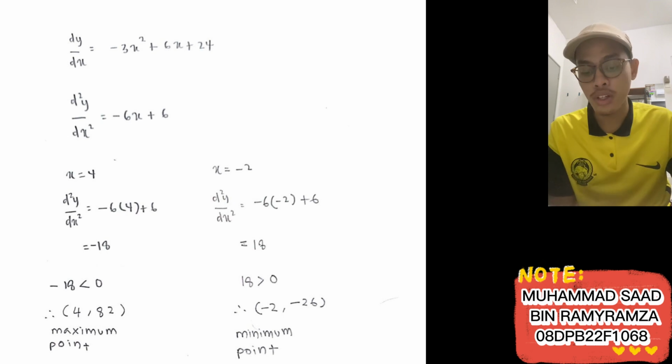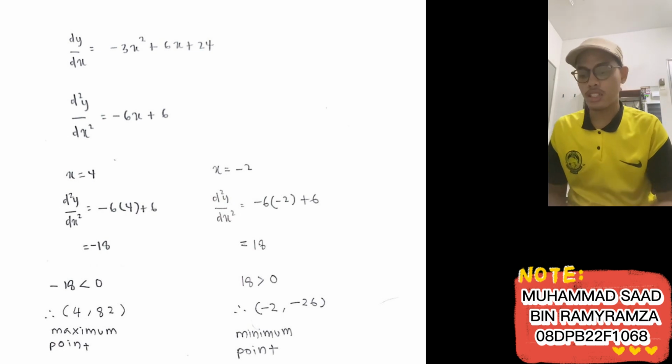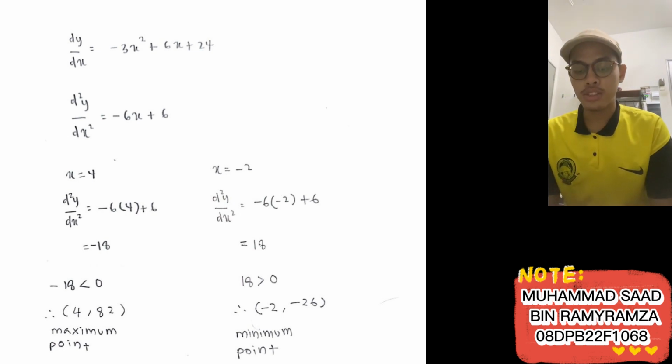But how do we know if a coordinate is a maximum point or a minimum point? We need the second order derivative of dy/dx. The second derivative is negative 6x plus 6. We substitute x into the second derivative equation.